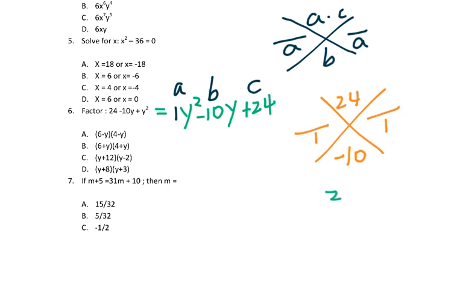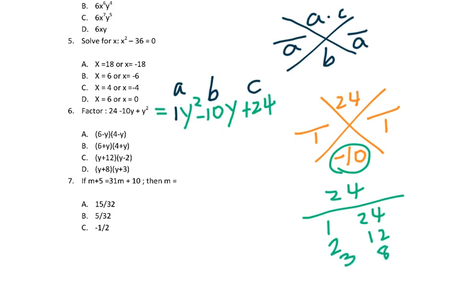For 24, I will get the factor pairs 1 and 24, 2 and 12, 3 and 8, 4 and 6. Adding, I'm looking for negative 10. So 4 and 6 will be the pair, but added together it is positive 10.